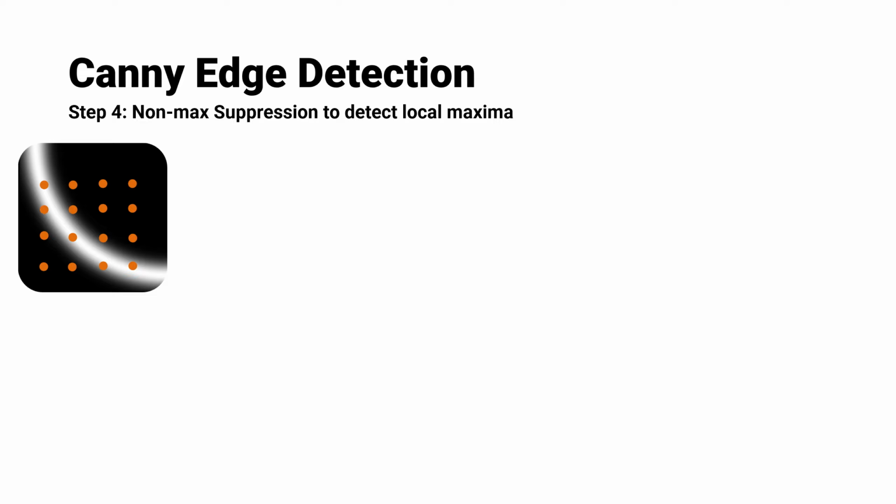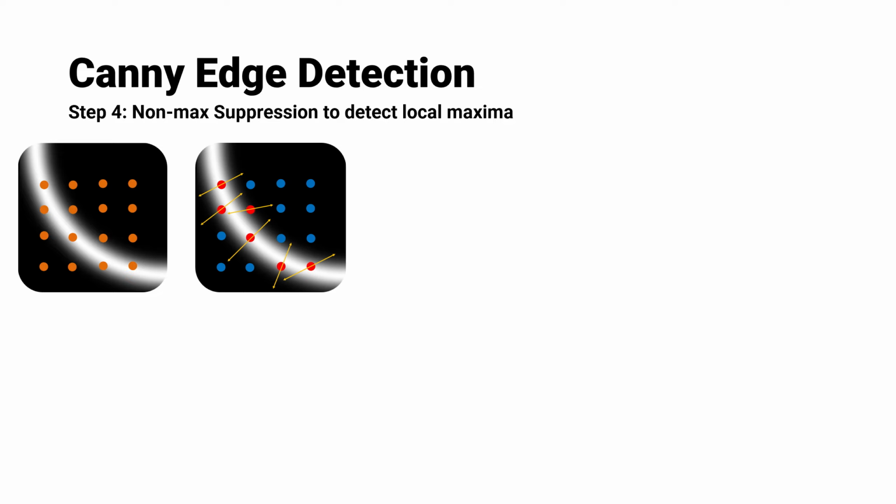Imagine you have an edge running through the image. This is your white color edge, and the part on the black is not an edge. We take discrete values of the pixels, denoted by these orange values. What we essentially want is the orientation and magnitude at every point. We take the orientation, which is drawn by these yellow lines across these red dots, and these red dots are wherever it's on the edge.